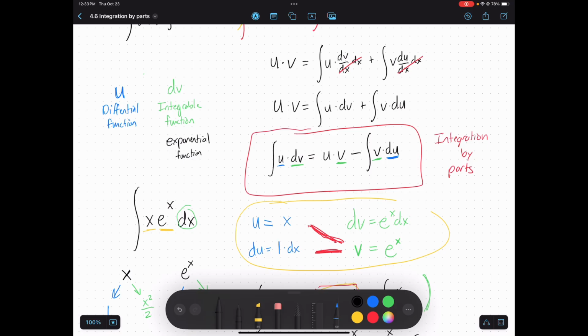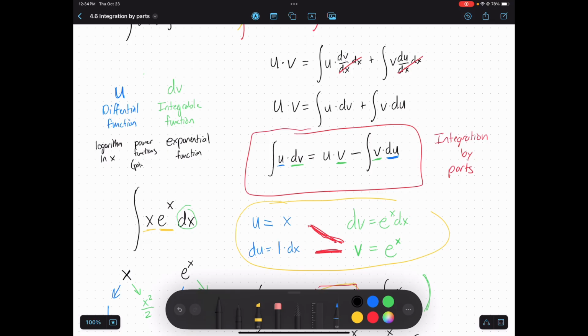With our differentiable functions, if you ever end up with a logarithm function, or just natural log of x, we actually have to choose this as my differentiable function. Why? Because I don't have an antiderivative rule for natural log of x. So this one has to be chosen as the differentiable function. And then the other type of function that we, of course, know how to work with are power functions or polynomials.